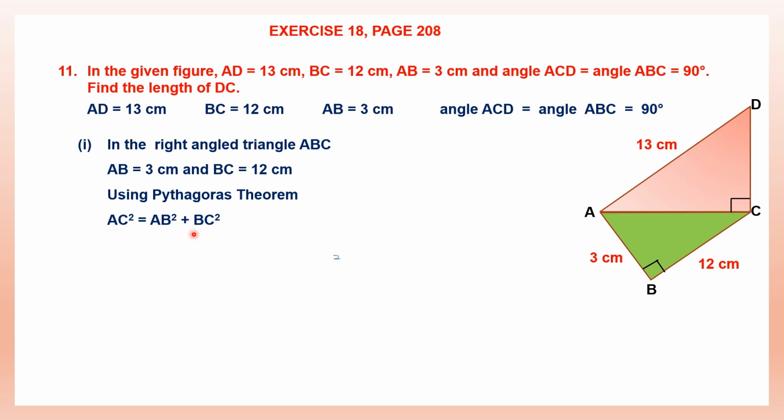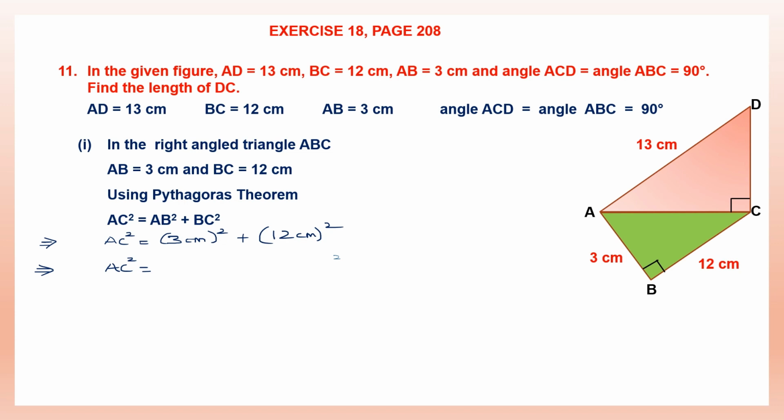Now let's substitute the values. Now AC square we don't know, so we will write it as it is. So this will be AC square is equal to, now AB is 3 centimeters, so that is 3 centimeters the whole square, plus BC. How much is BC? BC is 12 centimeters. So that is the whole square. So now let's find AC square. Here I'm not going to expand, I'm going to do it directly.